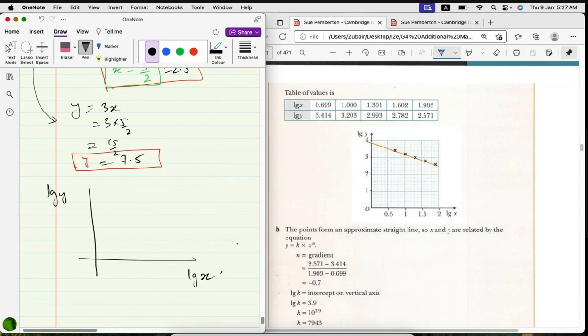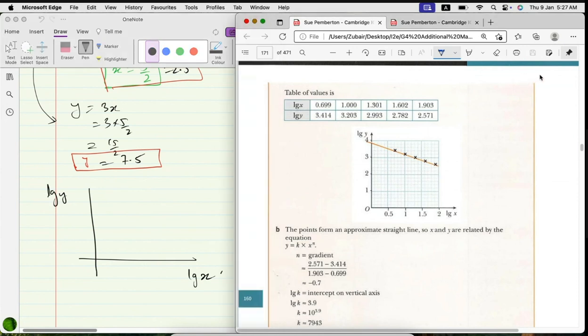So when plotting it, how do we be the most precise? Because these are numbers with decimal points. This is a millimeter graph. So this is 1, and one small box is 0.2.